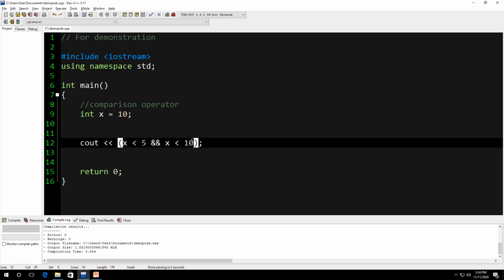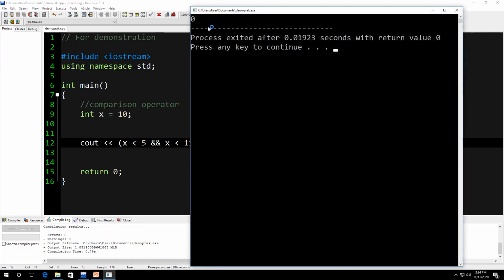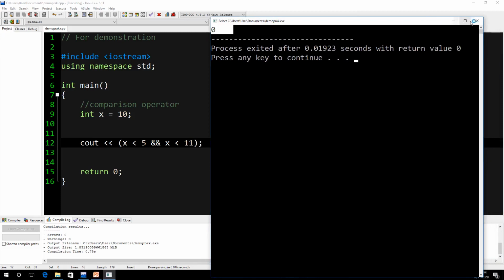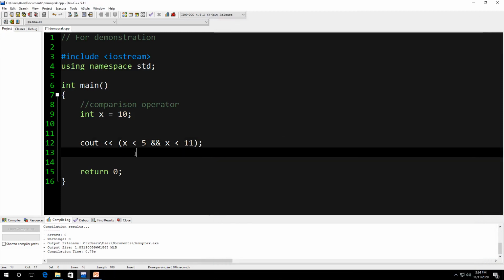What if we put 11? Let's try it. It will give you the same 0, or false. For this part, is x less than 5? It is false. And is x less than 11? It is true.